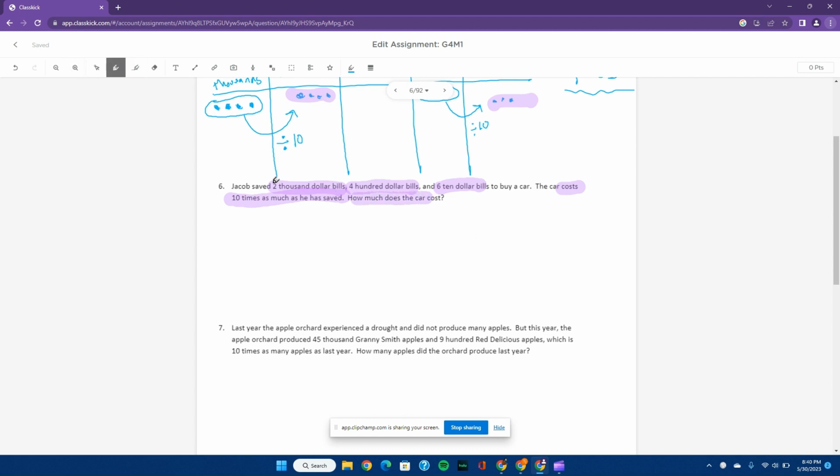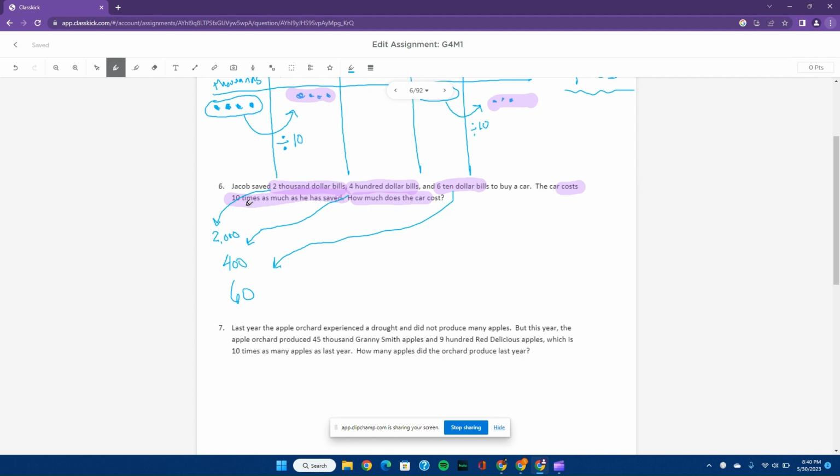So again, Jacob saved $2,000 bills. So what does that look like? Well, 2 in the thousands place would make 2,000. $400 bills would look like a 4 in the hundreds place. And 6 $10 bills would look like a 6 in the tens place to make 60.